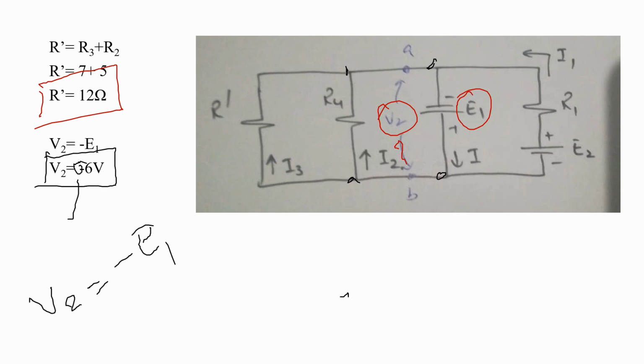The minus sign indicates that the polarities are opposite. So V2 is equal to minus E1, and V2 is equal to minus 6 volt, which is our required result.